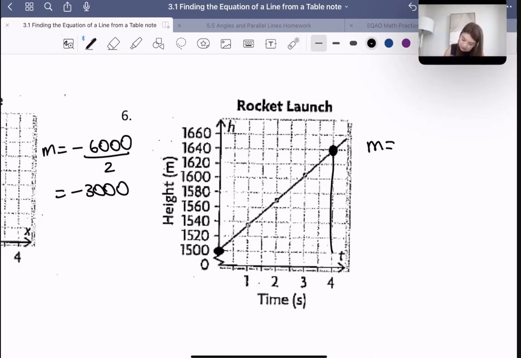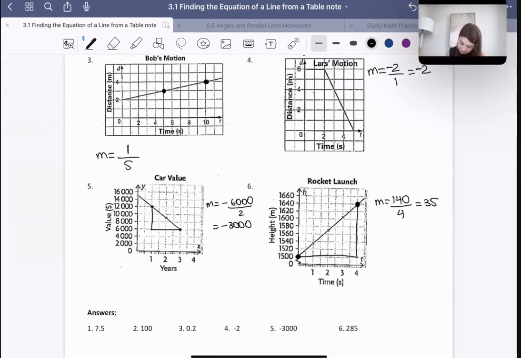So that's going to be 140 for our rise, and that's over run, which run is 4 seconds, so it would be 140 divided by 4, which, if we plug that in our calculator, is 35. So that means for every second we go up by 35 meters. So pretty fast, I think anyway. Faster than anyone could run, that's for sure. Okay, well, very good. And there we have it.